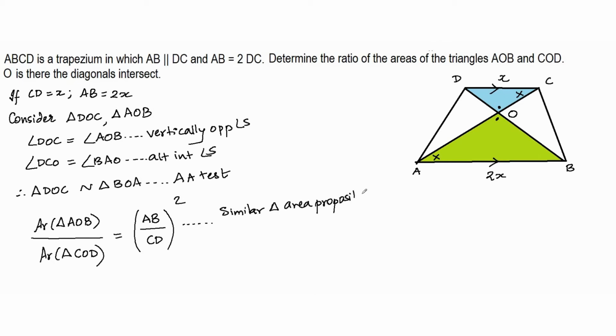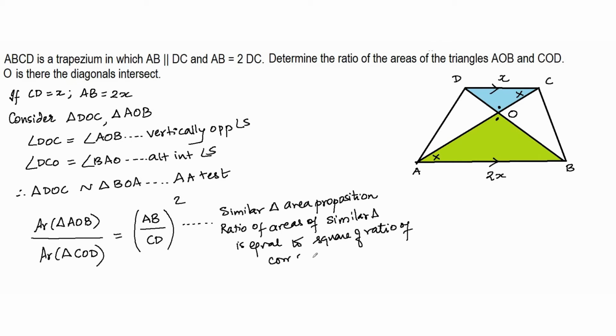Or of course I can state the complete property which says that ratio of areas of similar triangles is equal to the square of the ratio of their corresponding sides, and therefore I can say that area of triangle AOB divided by area of triangle COD is equal to AB is 2x and CD is x the whole square.